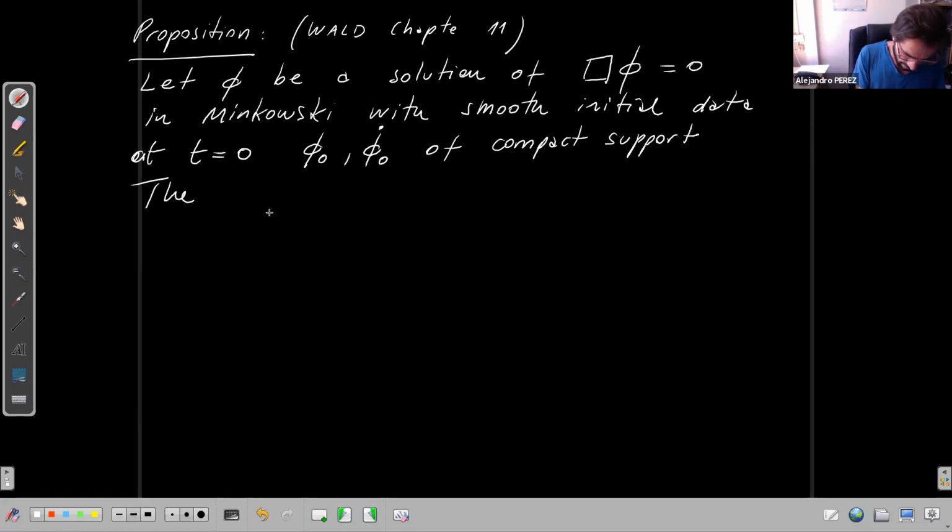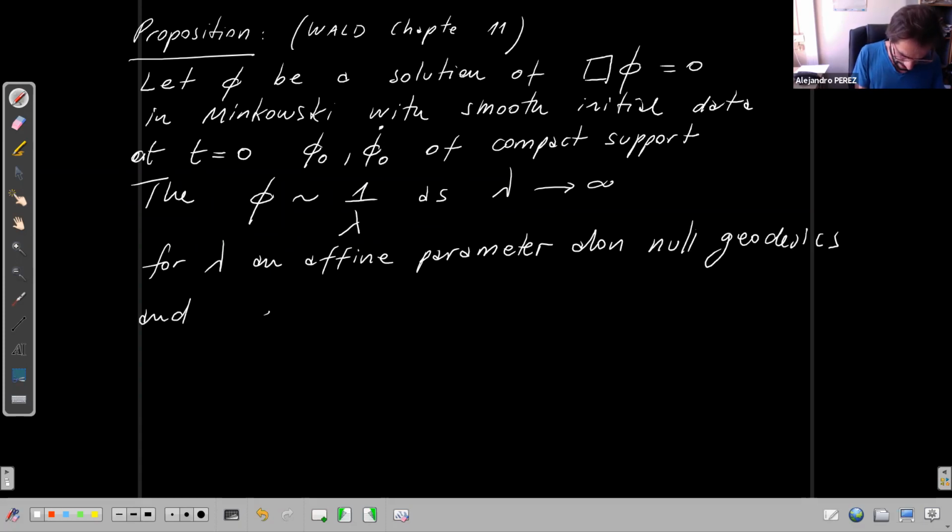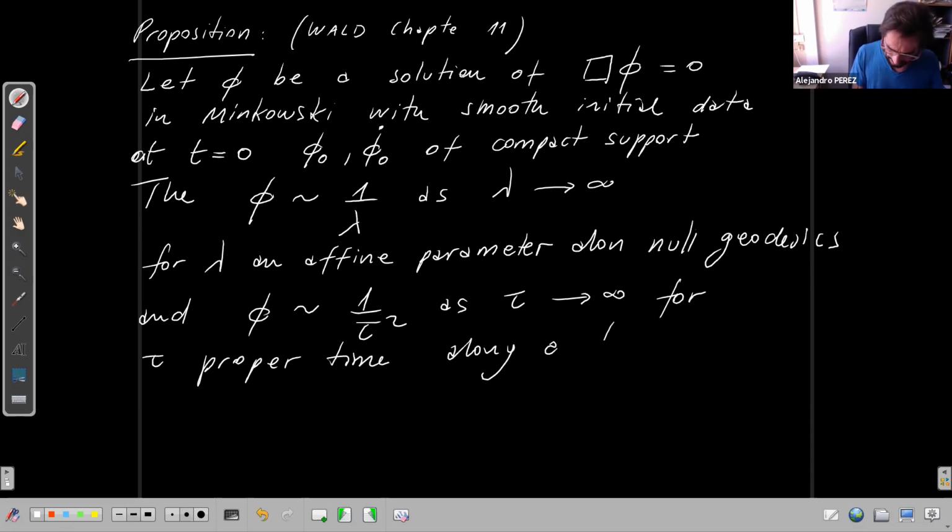Then it turns out that phi, the solution of the Klein-Gordon equation, would go like 1 over lambda as lambda goes to infinity, for lambda an affine parameter along null geodesics, and phi would go like 1 over tau squared as tau goes to infinity, for tau proper time along a timelike geodesic.